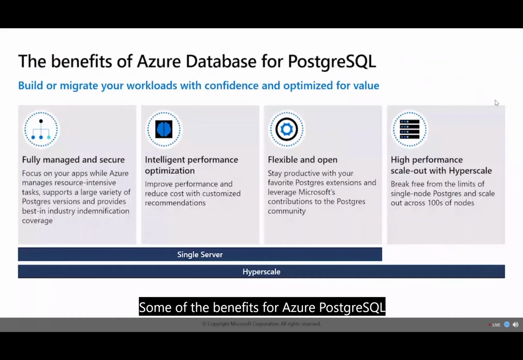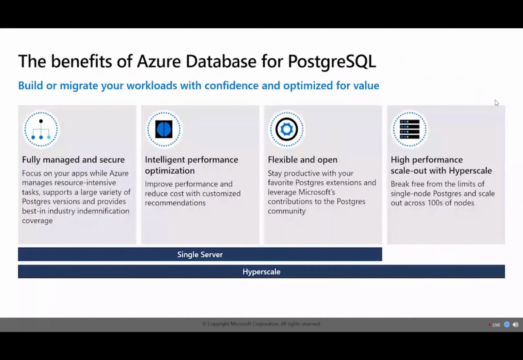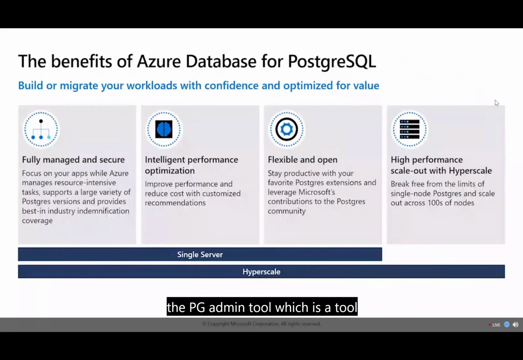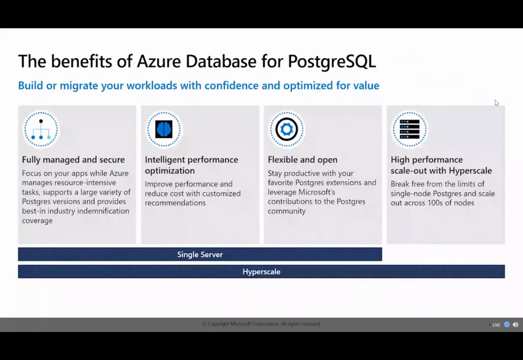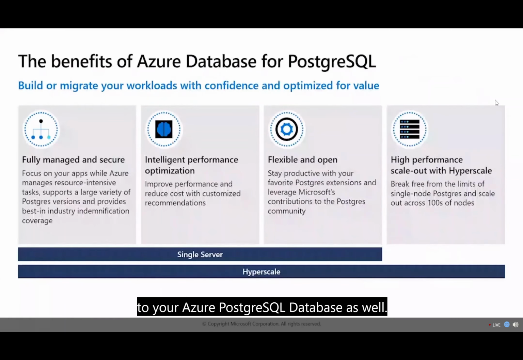Some of the benefits for Azure PostgreSQL database is that it's highly available and it contains built-in failure detection and failover mechanisms. Now, users of PostgreSQL might be familiar with the pgAdmin tool, which is a tool that is used to manage and monitor PostgreSQL database. And so you can continue to use this tool to connect to your Azure PostgreSQL database as well.